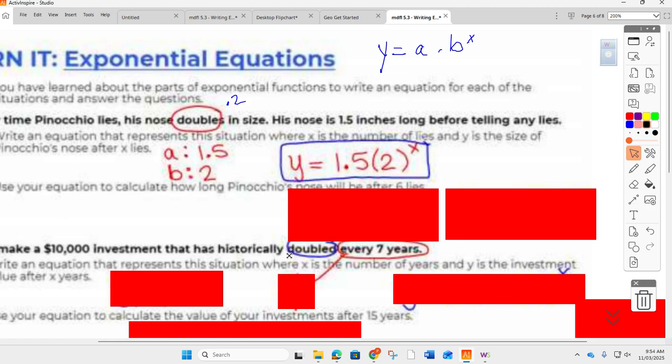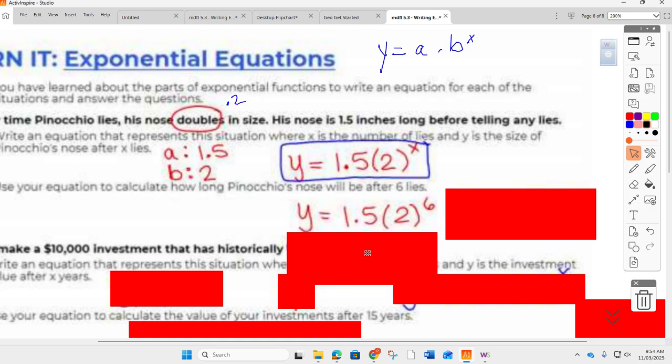So use your equation to calculate how long Pinocchio's nose will be after 6 lies. So that just means we're replacing x with 6. So putting that in our calculator. Chuck it in on your calculator, Evan. See what you get. Did you already put it in your calculator, Samaya? And you got it? Carl, you with us? Do you understand?